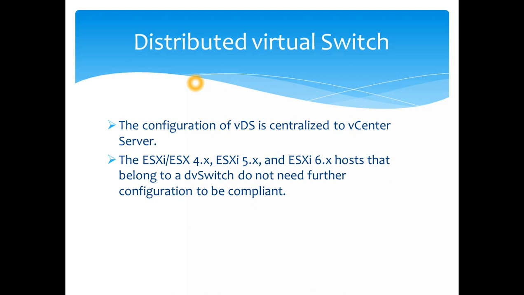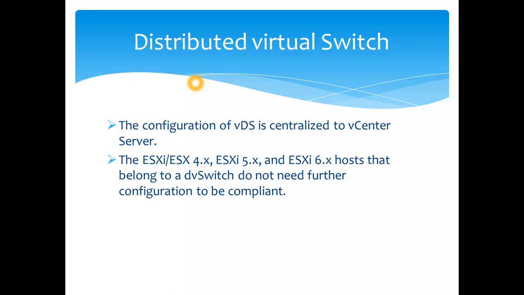So you can have it centralized to the vCenter server. There are different versions of VDS. So for ESX4, ESX5, ESX6, the host that belongs to DvSwitch do not need further configuration to be compliant.